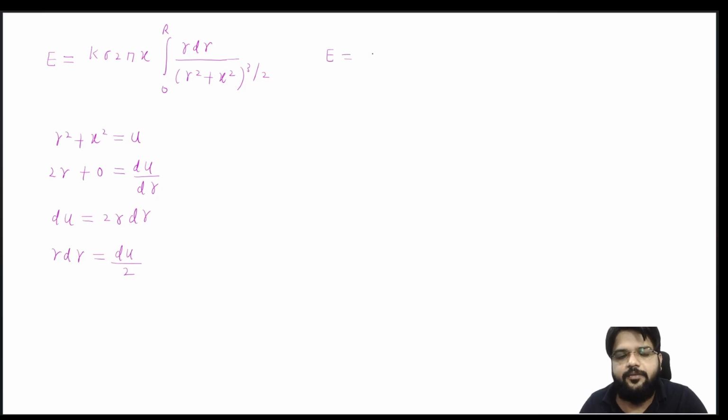E equal to, we have k sigma 2 pi x. R dr value is what? It is du by 2. And r square plus x square is what? It is u. So it is u power 3 by 2. This thing we have.